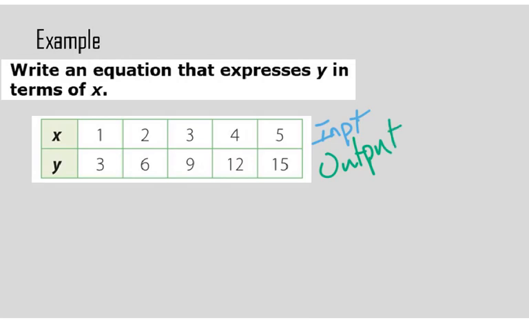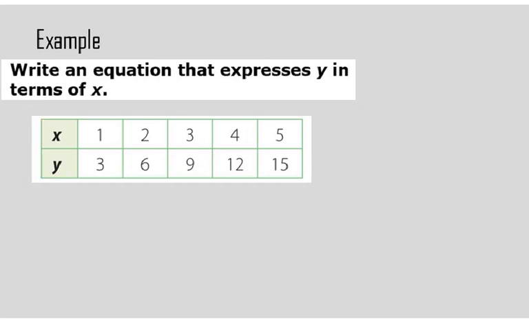Even more importantly, as far as our vocabulary, the x is our independent variable and our y is our dependent variable. So the y is dependent upon the x.